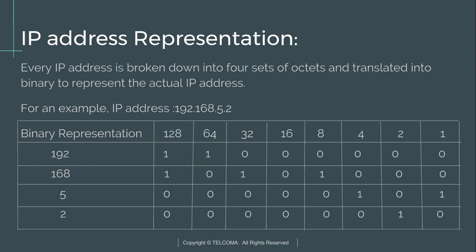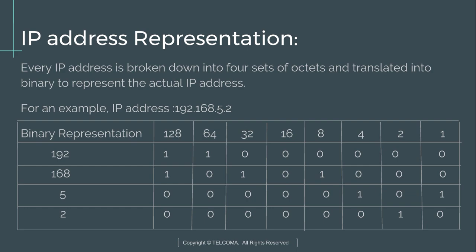Same for 168: the binary value of 168 is represented by adding 128, 32 and 8, and the binary representation becomes 10101000. Same for the binary representation of 5: by adding the bits 4 and 1, we get the value 5, and we set the values of 4 and 1 to 1 and the other bits equal to 0.